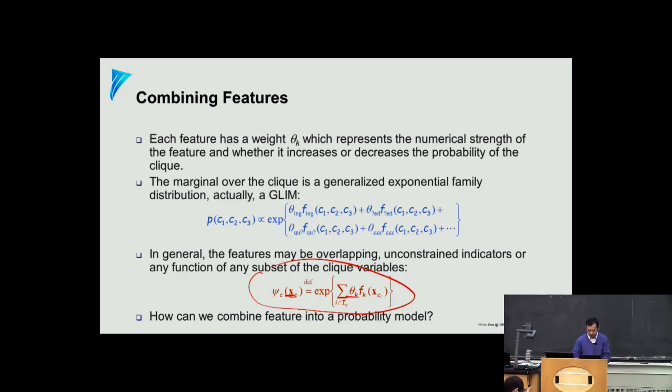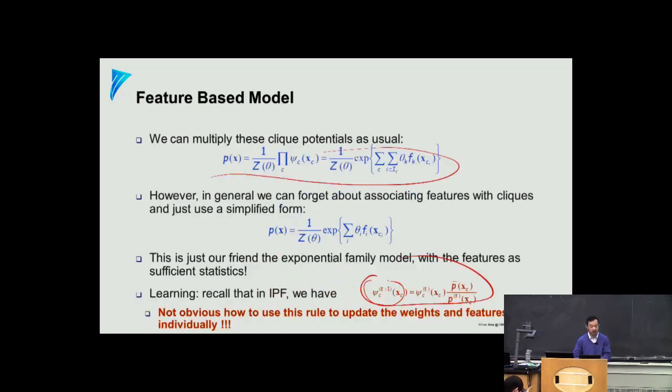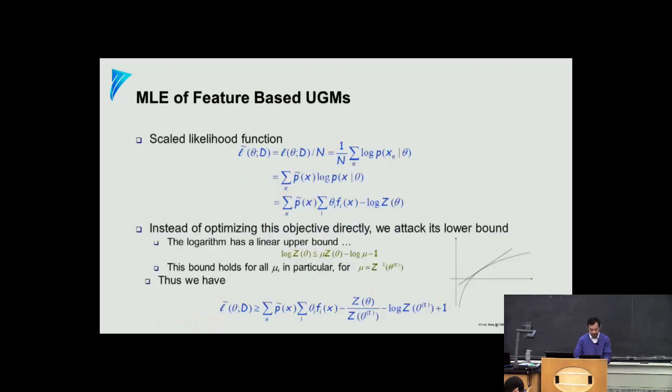It's not very clear. So there isn't actually a clear path out using this technique. IPF doesn't work for feature-based models. So with that, let's take a new step and continue on the new mathematical algebraic effort to hopefully tackle this problem.